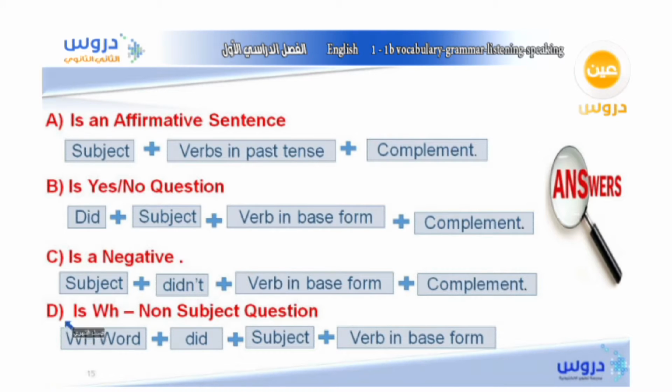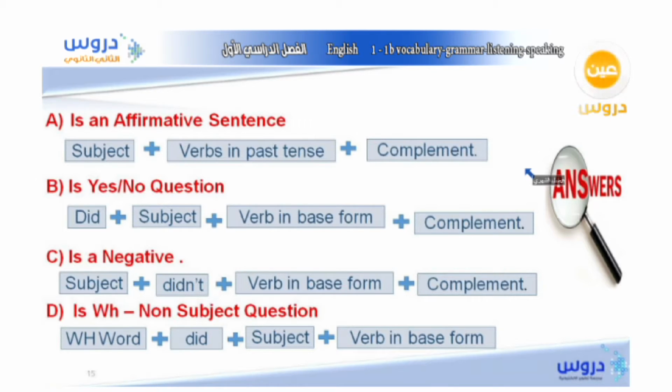Okay? Now we have two sentences in each section. We need to know the right form of the verb. I, the subject, go is the verb, to the shopping mall with my friends last week.